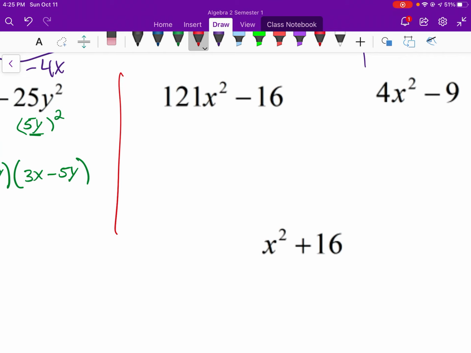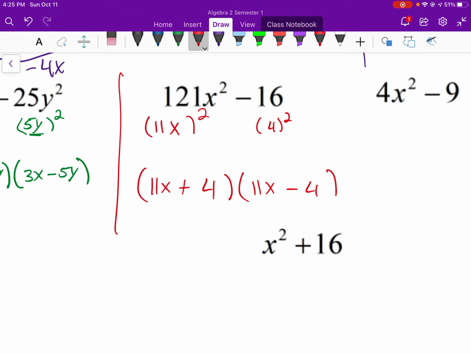So the next one, what am I squaring to get 121x squared? 11x. This is going to be 4 squared. So then 11x, when I go into my factored form, 11x plus minus 4.